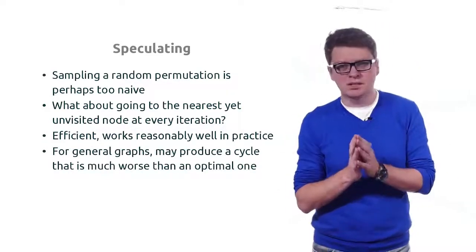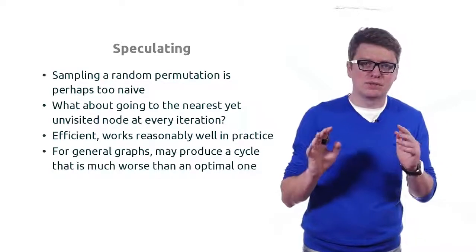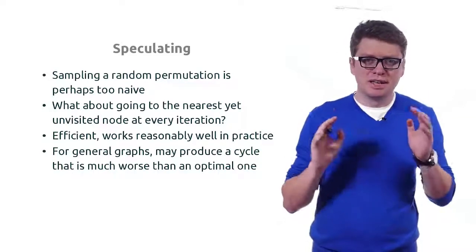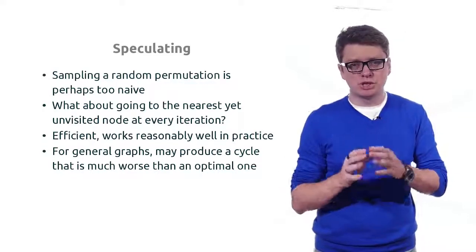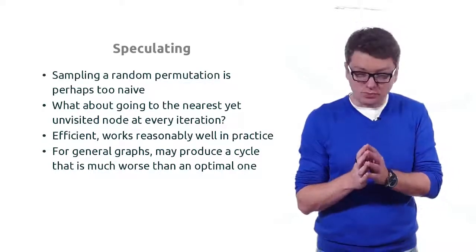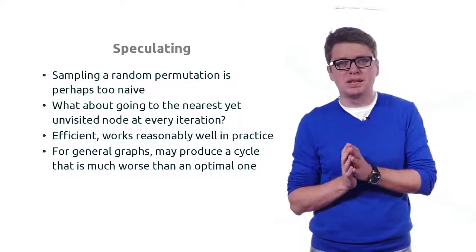Okay? So for general graphs, not for Euclidean instances, it unfortunately may produce a solution which is much worse than an optimal one, and we will see such an example in a minute.